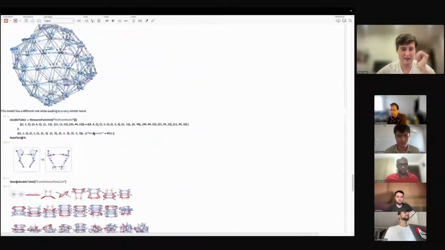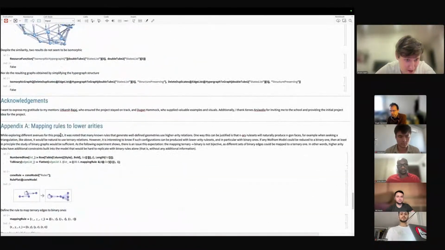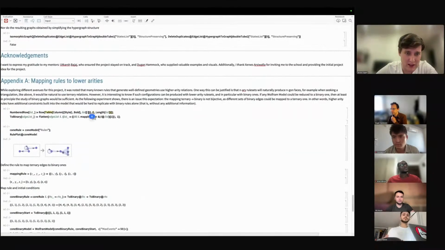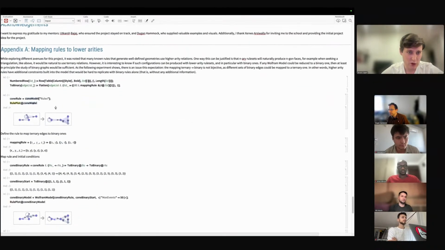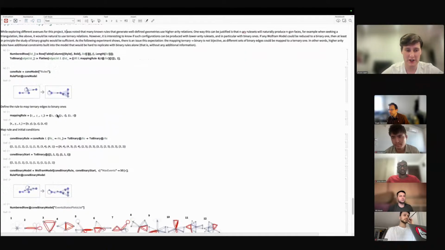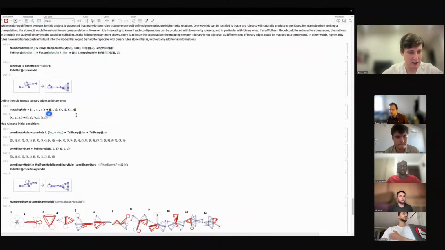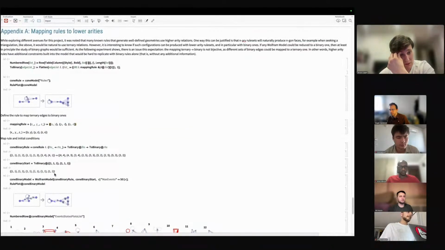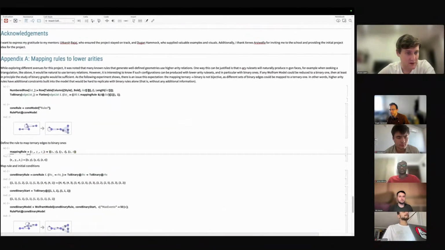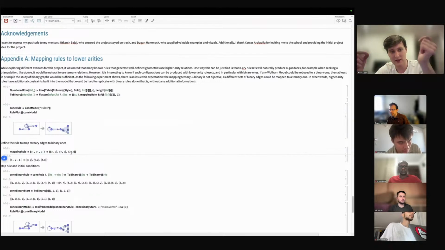Yeah, so I guess I'll move on to this small bit, which is about, I guess, the same ideas coming back. This was trying to say, okay, can I replace ternary edges with binary edges? So can I map it to a binary hypergraph, just a graph, and then do the same evolution? The problem here is that the mapping is not bijective.